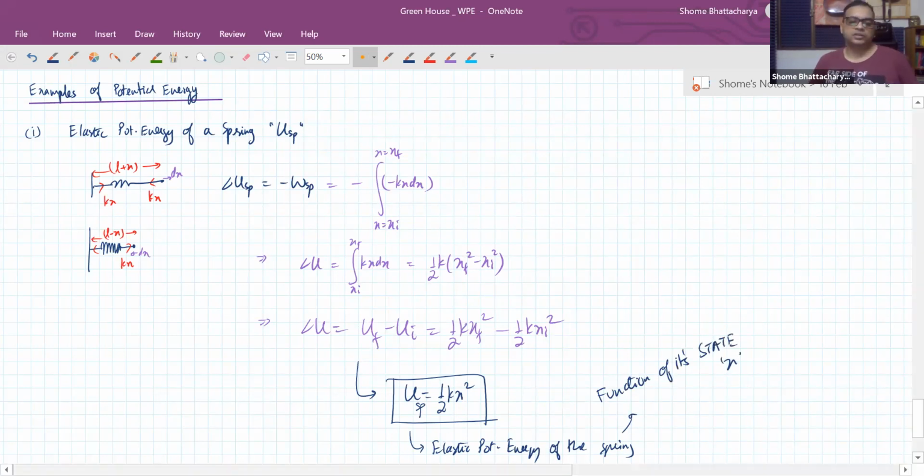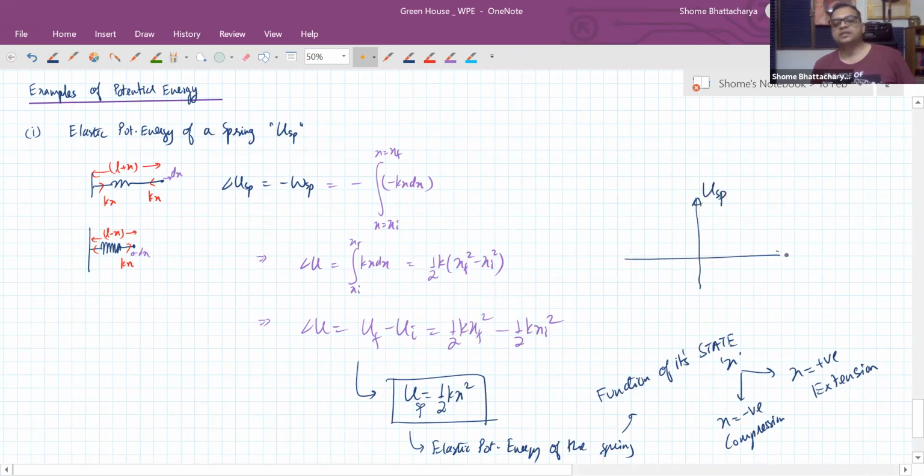Now, whether x is positive or negative, you can see that x being positive means that it's in an extended state. X being negative, it's in a compressed state. But in both cases, the potential energy is positive because there's an x squared term. So the potential energy of the spring versus x has this kind of a graph.